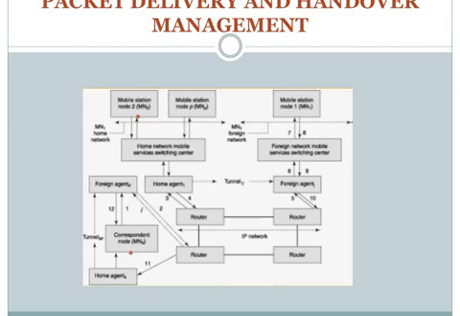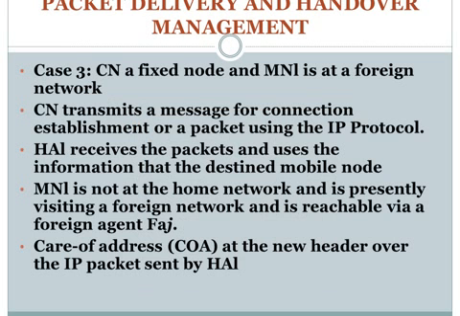Now coming to the third scenario. In case 3, CN is a mobile node and is in the home network, while MN1 is in a foreign network.